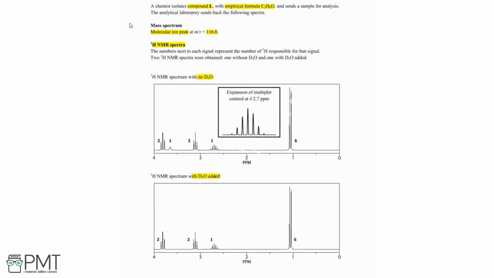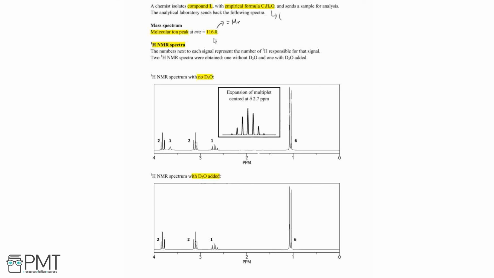So let's start by working out the formula of our compound L so that we can start to comprise a structure. So we've been told that our empirical formula is C3H6O, and we've been given the molecular ion peak from our mass spectrum. And we can use this data to therefore work out what our molecular formula is. So our molecular ion peak is the same as the Mr for the compound. So what we need to do is work out what the empirical mass is, and then see if this is the same as the molecular mass or if it's a different factor.